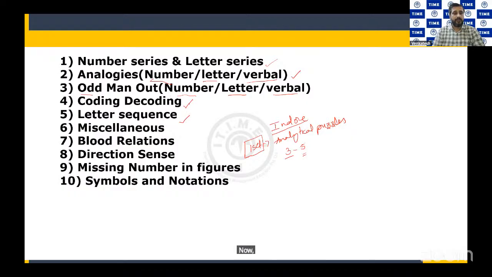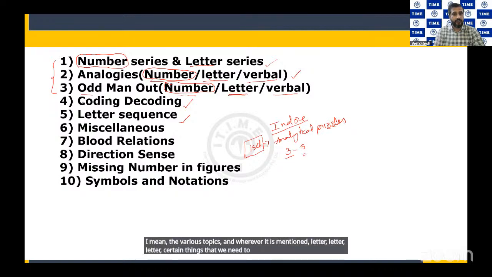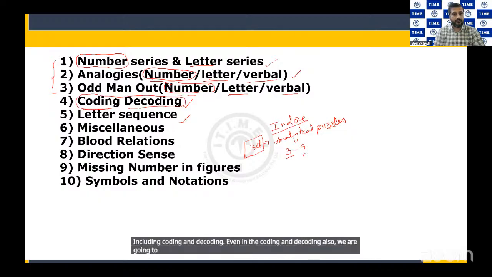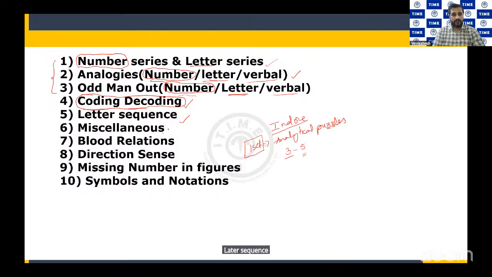Now, my dears, you need to understand carefully that for the first 3 topics, wherever numbers are mentioned, we need to remember certain things that I will tell you after explaining the syllabus, I mean, the various topics. And wherever letters are mentioned, there are certain things we need to remember, including coding and decoding. Even in coding and decoding, we are going to use the same techniques.